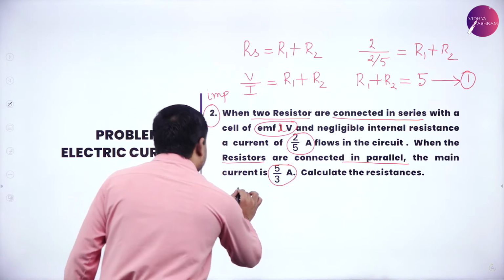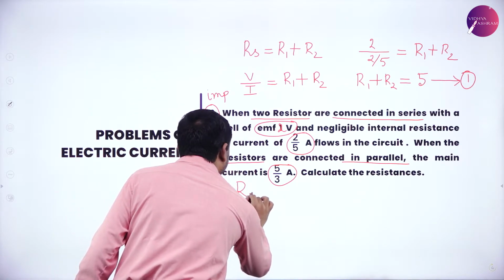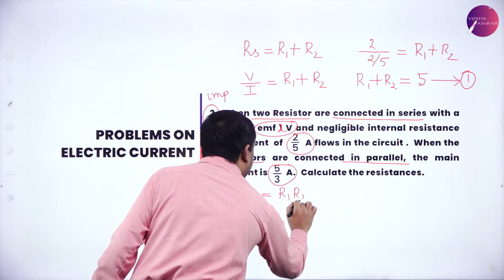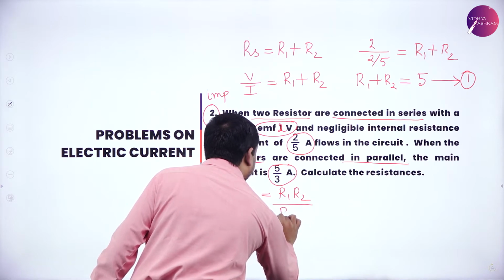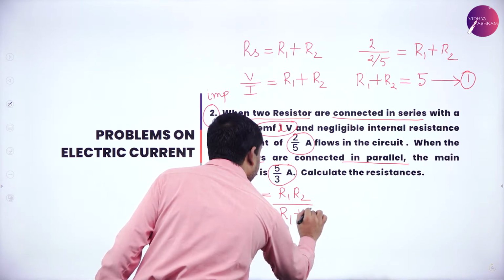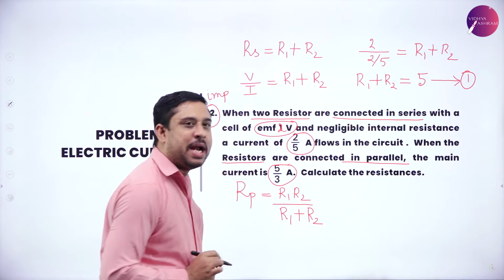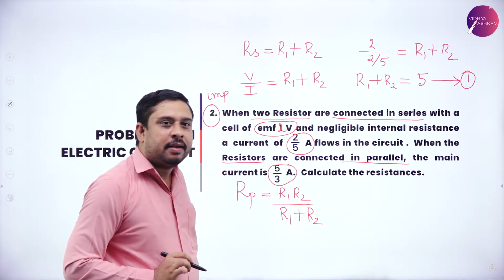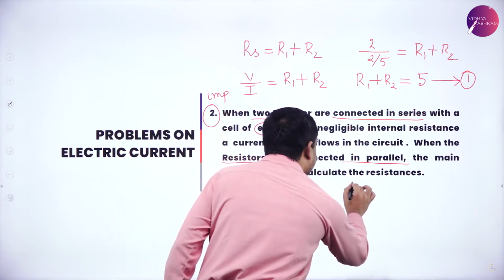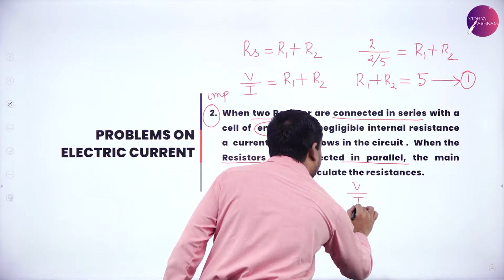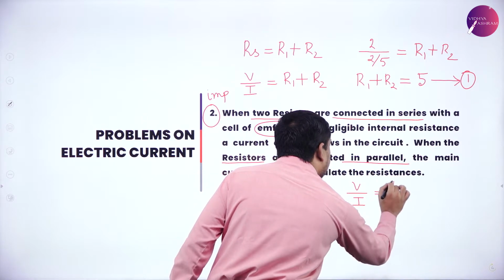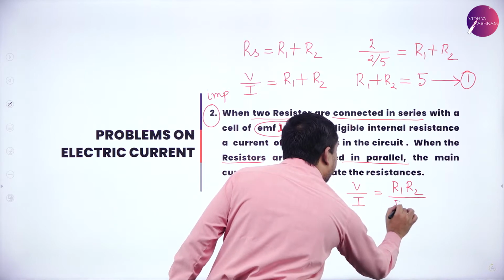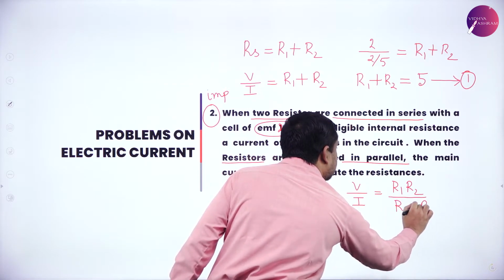Now, in parallel, we know it is R1 R2 divided by R1 plus R2. Again, RP is V divided by I. Again, R1 R2 divided by R1 plus R2.